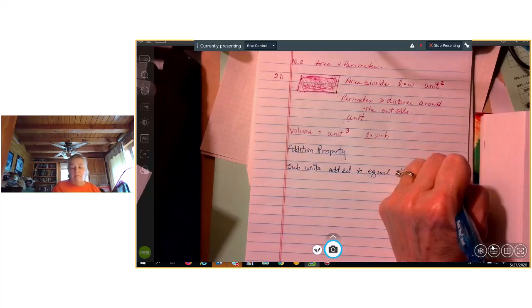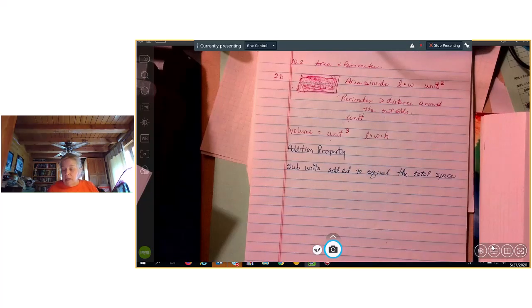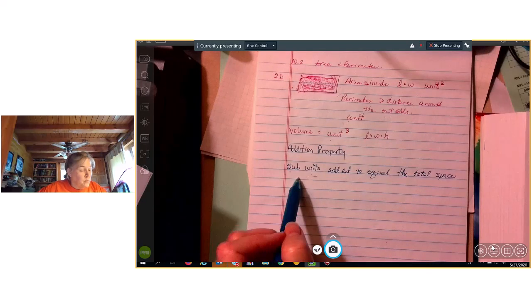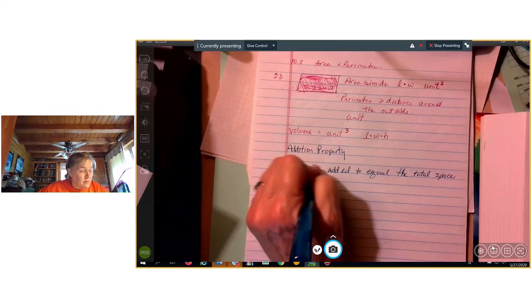I know that's not mathematical, but it says that if a region R is dissected into non-overlapping subregions, then the area of R is the sum of all the subregions. So if you have subregions or subunits, subregions is probably a better word here, sorry.